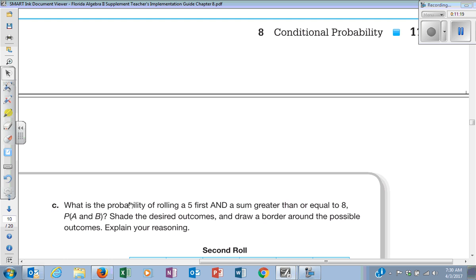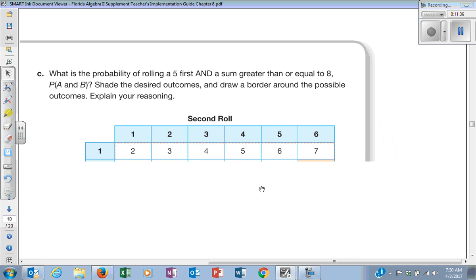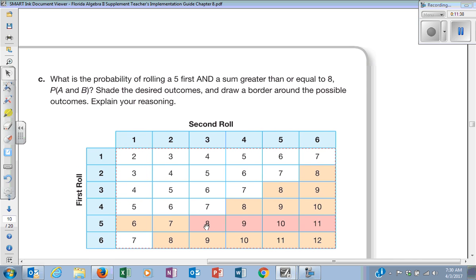All right, what is the probability of rolling a 5 first and a sum greater than or equal to 8? And so we shade those desired outcomes. And if you notice, it's right here where you roll a 5.